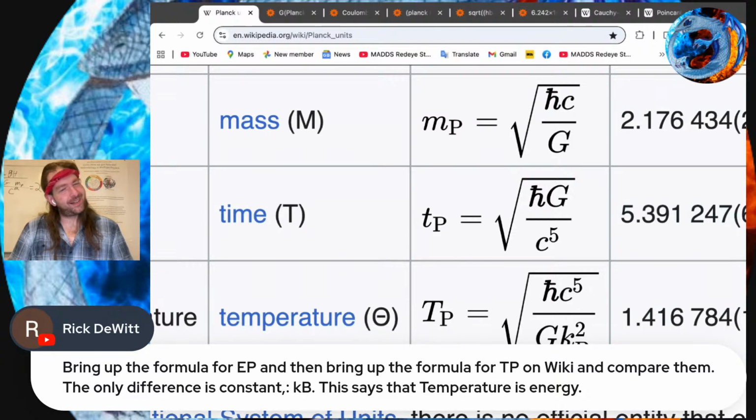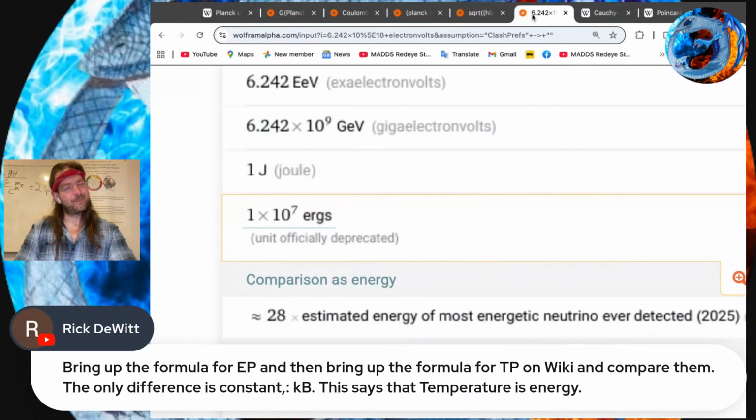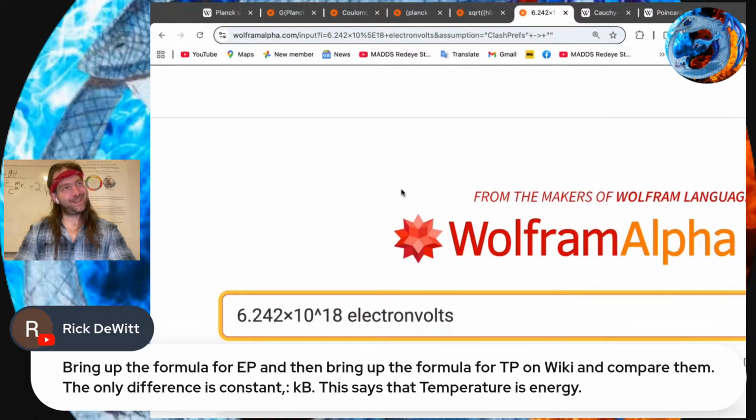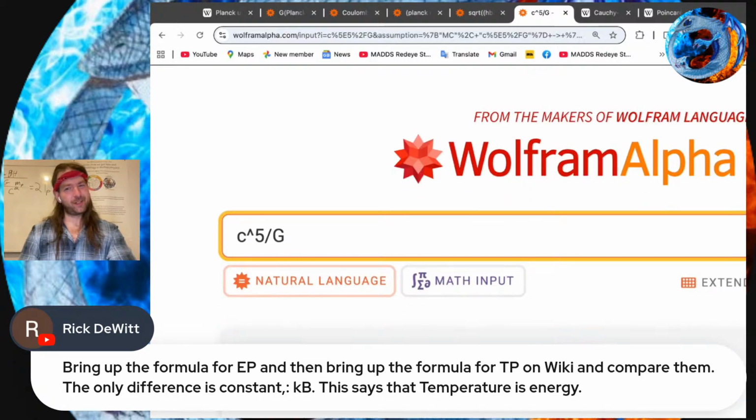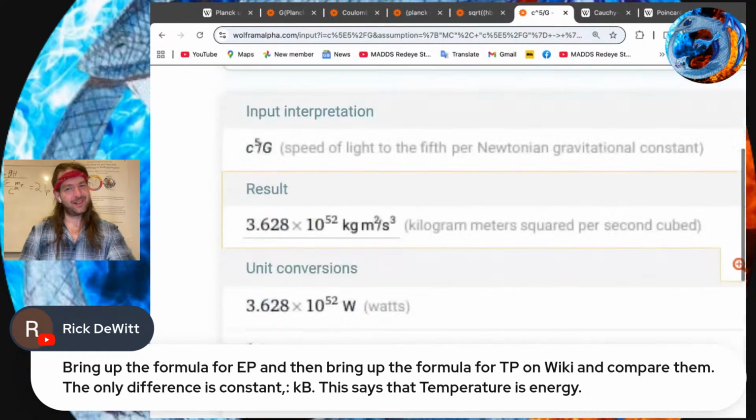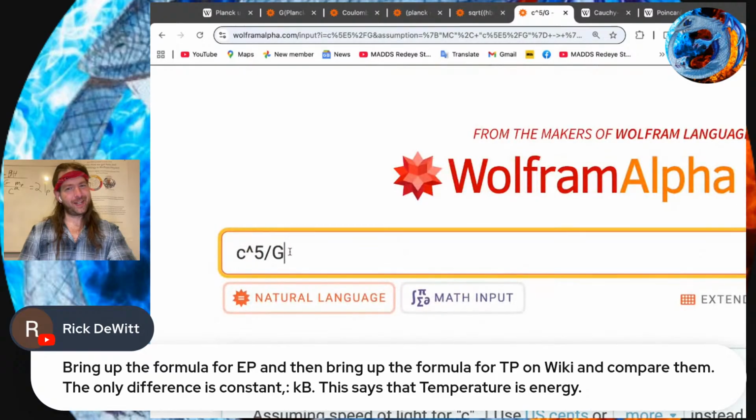Hmm. The only difference there is flipping the places of big G and c, but that's just the Planck power, and it's inverse, because it's c raised to the fifth divided by big G. If it's to the fourth, it would be the Planck force. This is the Planck power.